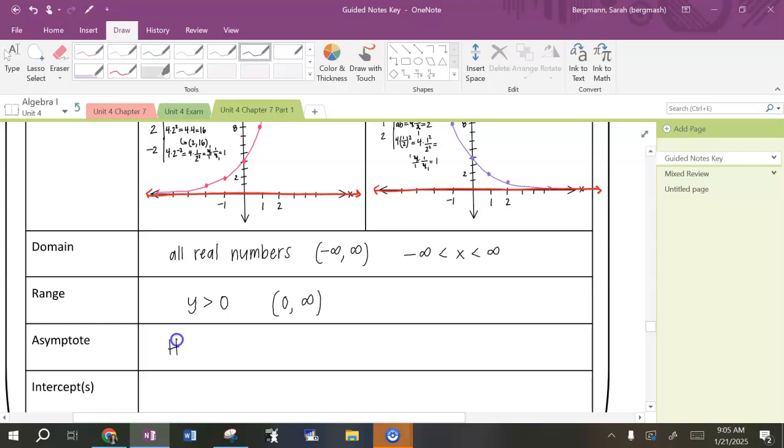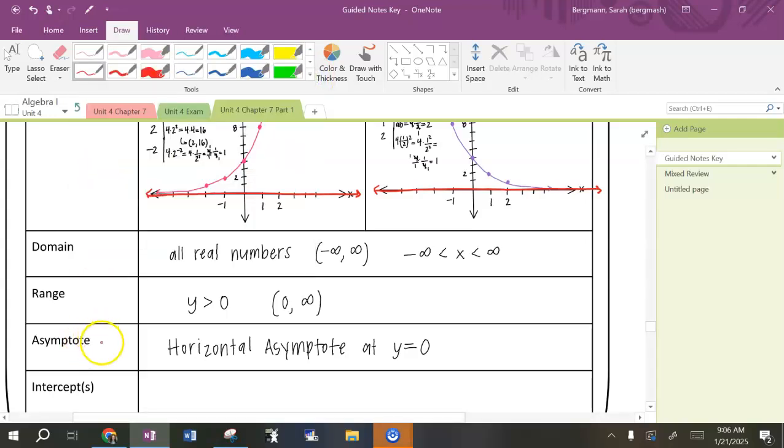So we'll say it has a horizontal asymptote at y equals 0. So remember, an equation for a horizontal line is always y equals whatever the y value is, or whatever the y-intercept is. And in this case, it's y equals 0 because it just lines up with the x-axis.